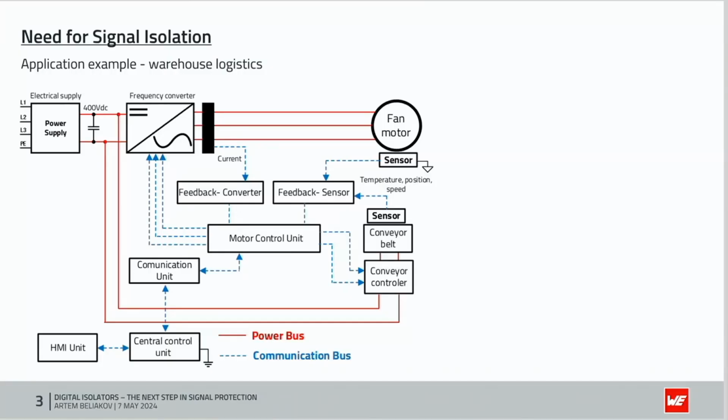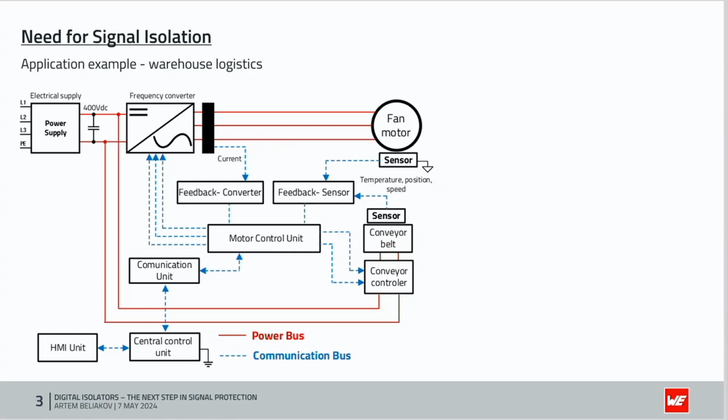As you can see on this slide, this is a very good example. Here you can see warehouse logistics, which is characterized by a high degree of automation. This is commonplace for strong magnetic fields, transient voltages, and surge voltages, because of many power devices or power machines located here. For example, you can see a frequency converter, fan motor, and conveyor belt.